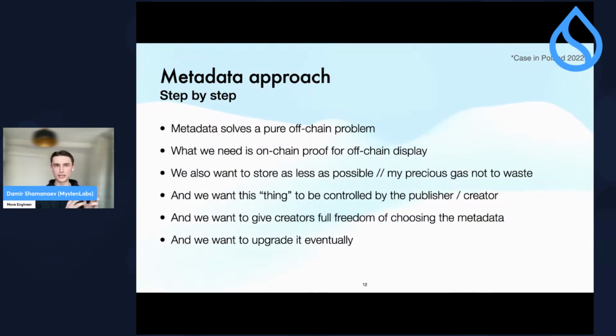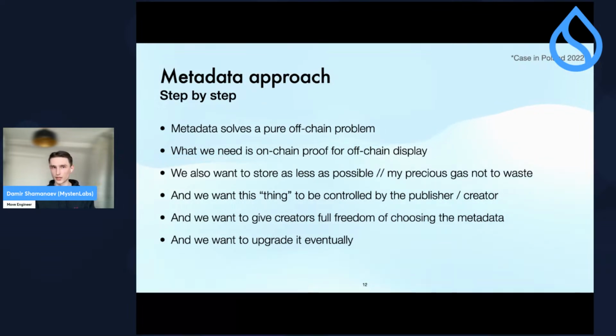We want to store the unique and usable data, the data that can be used in different applications, and not something that is not valuable in the context, or repetitive data. We also want the publisher or the creator to be able to fix the metadata if something goes wrong, or to update it eventually.